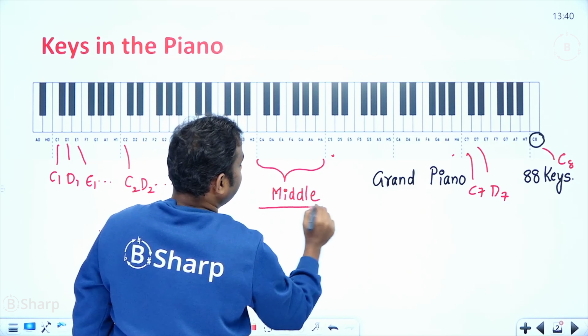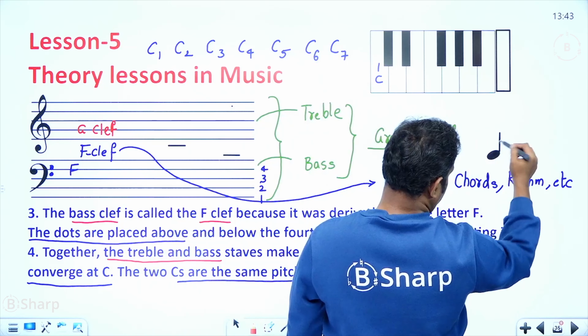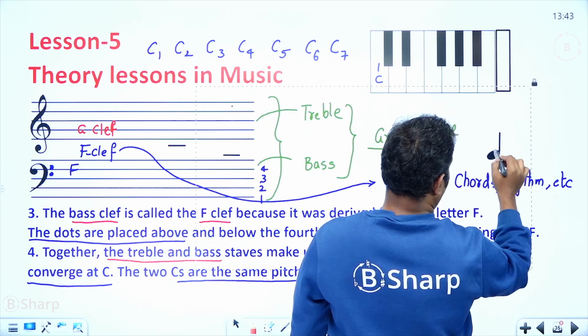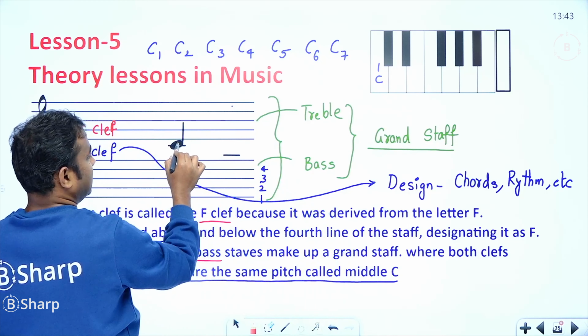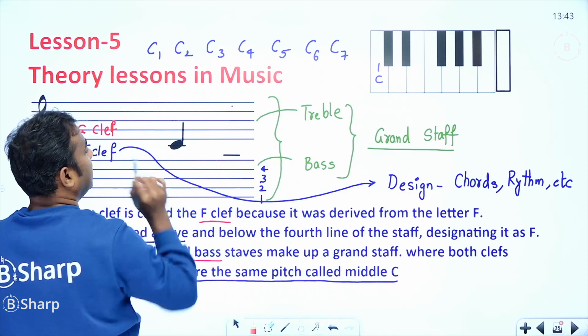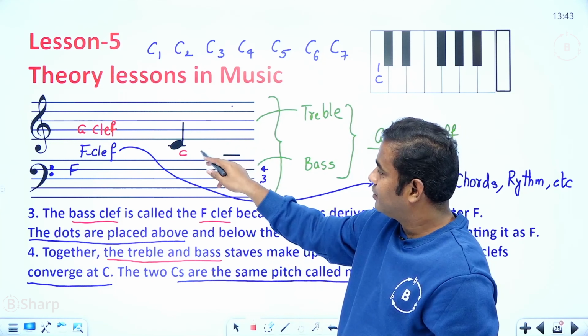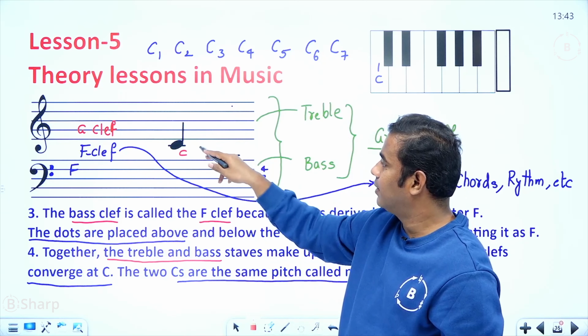Here, if you look at this one, if I place this note here, this is called a C. On this grand staff, on the G clef, the C does not come on these lines, but below the first line.